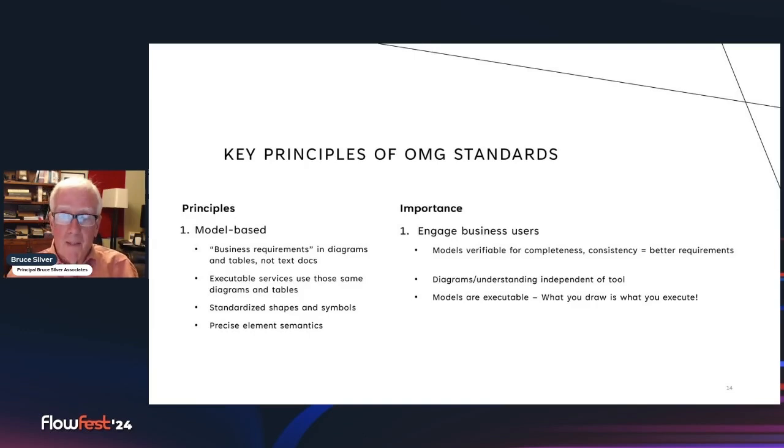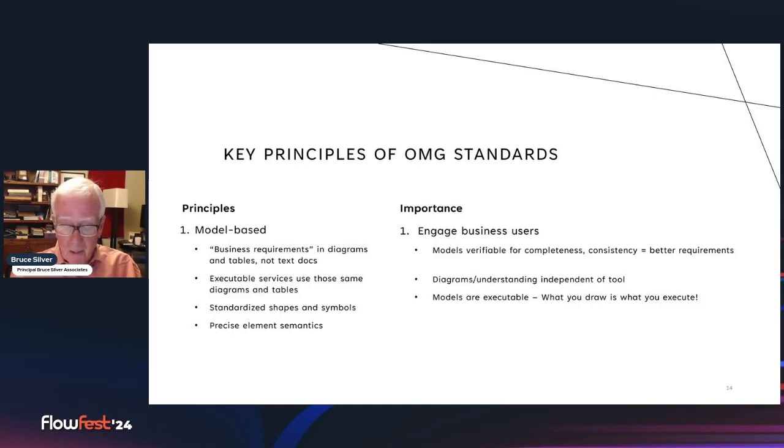The traditional method of text-based business requirements is a well-known cause of project failure. Instead, models allow subject matter experts in the business to create an outline of the solution in the form of diagrams and tables that can be verified for completeness and self-consistency, unlike text requirements. Moreover, the shapes and symbols used in the diagrams are defined in a spec.